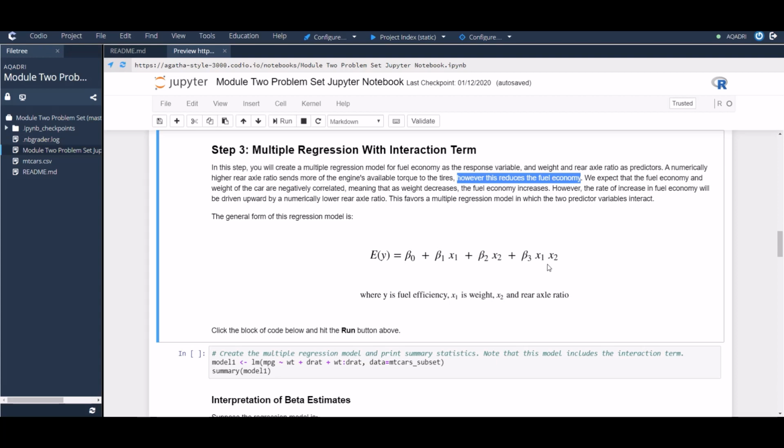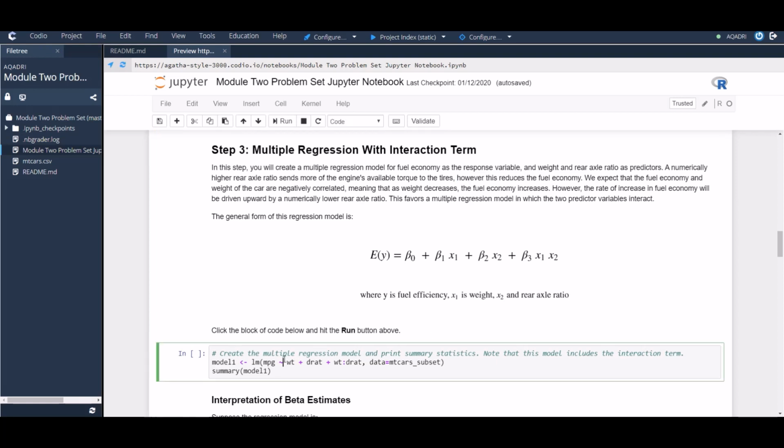But now we have this additional term here, plus beta 3 x1 x2. The way you can tell that this is an interaction term is because you see here that the x1 and x2 predictors are being multiplied. And that is how you know that there is interaction between the two variables. So again, y is the fuel economy, x1 is the weight, and x2 is the rear axle ratio.